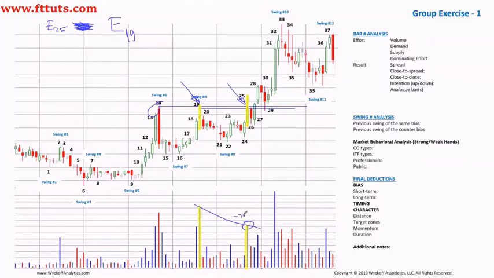So minus 30%, that's probably a considerable drop. So we could say that effort at 25 is lower than effort at 19. And then the result at 25 relative to the result at 19 is much higher spread.